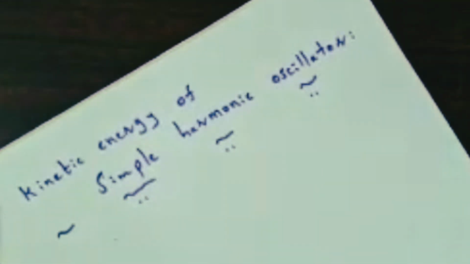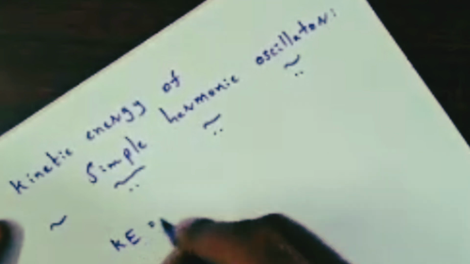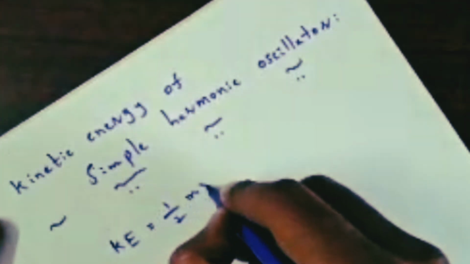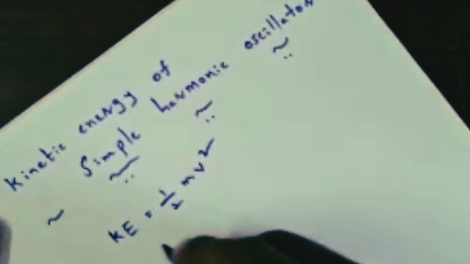Okay. Now in this, if I say kinetic energy, immediately you need to recall one formula: KE is equal to half m v square. m is the mass of the particle, v is the velocity of the particle.